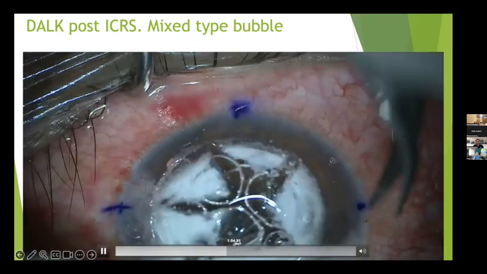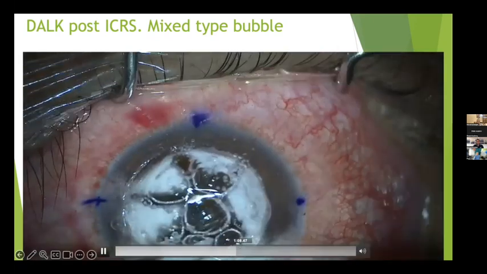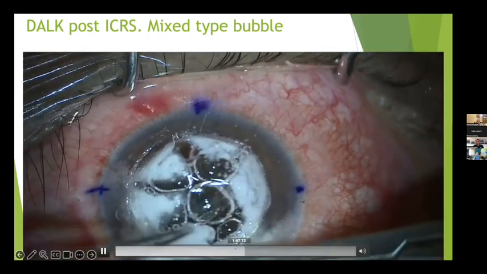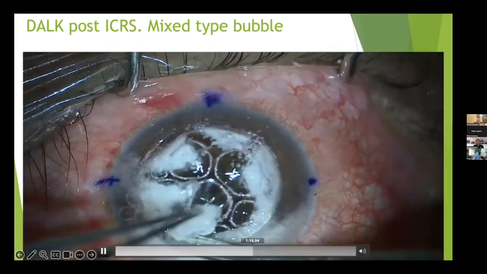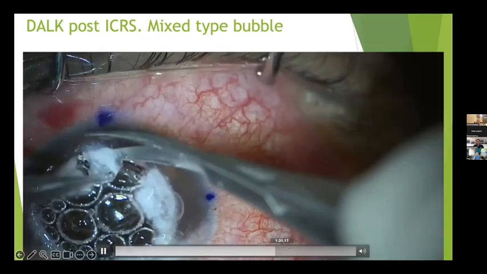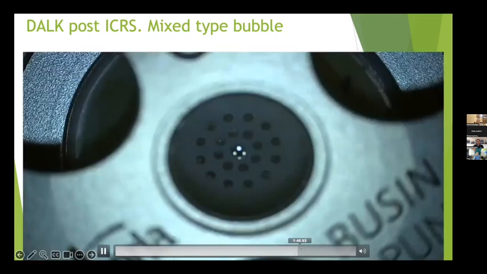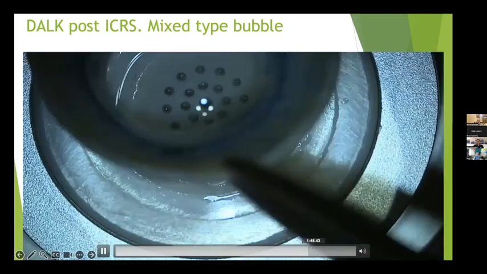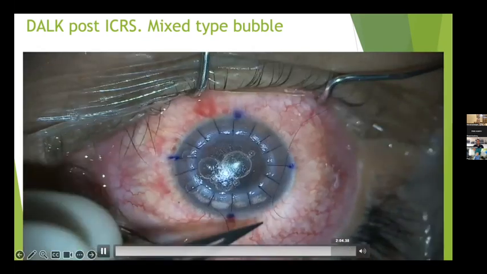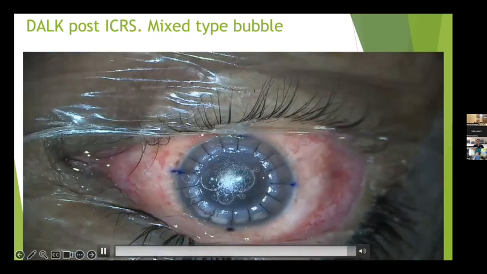So I focused more on the type 1 big bubble management because I know that Muhammad will talk to us about different types, how to manage type 2, and what if you don't get a decent bubble altogether. Again, removal of the quadrants of the stroma here, and then removal of the Descemet's from the donor, cutting the required size, and suturing as usual with 16 stitches. And that concludes this surgery.